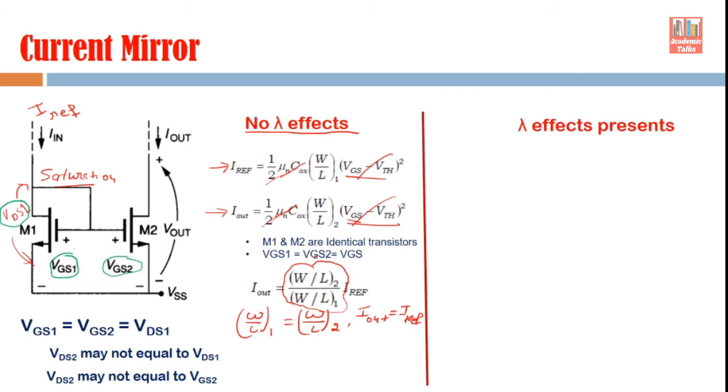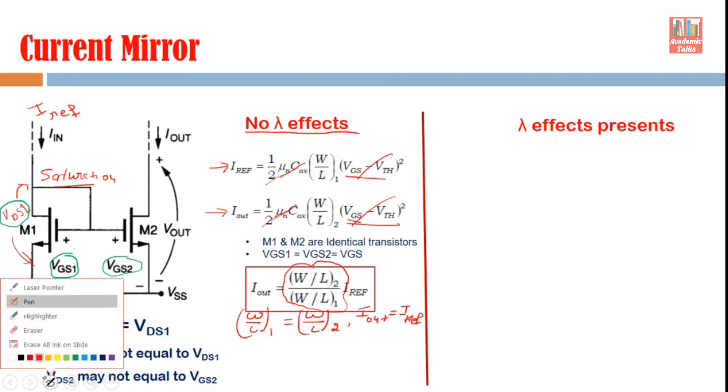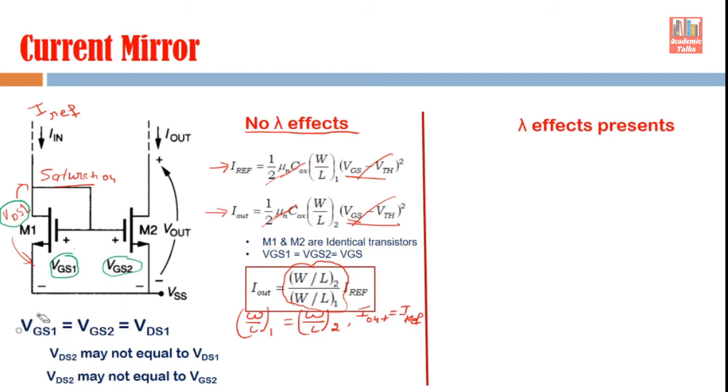So the multiplication factor is decided by the ratio of W by L values of these two. Now this is your important conclusion, so you have to remember it.